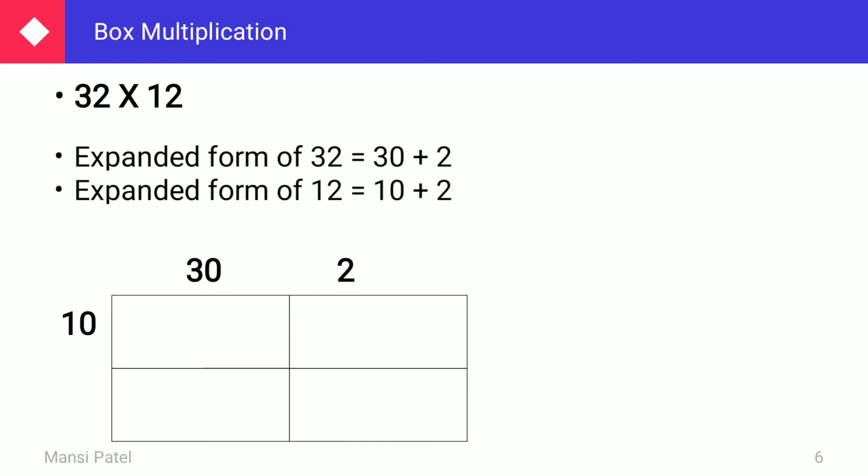Now the expanded form of the second number we write down on the side. The expanded form of 12 is 10 plus 2, so write 10 and then 2. Now what do we have to do in the first box? We have to multiply 30 by 10.